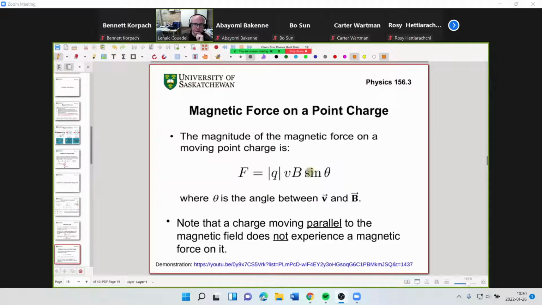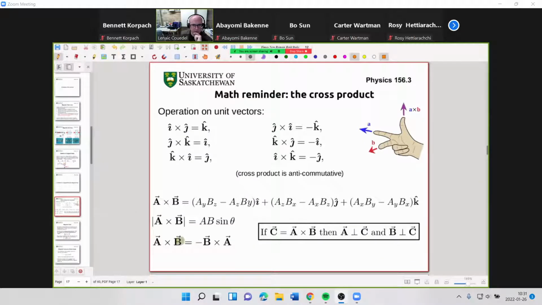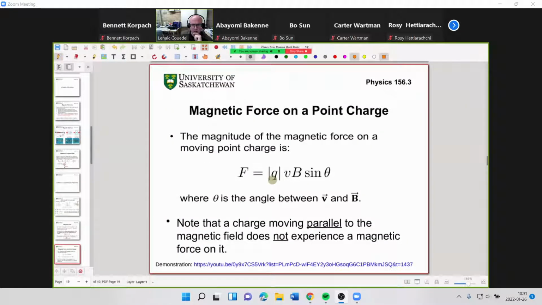So now if you just want to calculate the magnitude of the magnetic force on a moving point charge, then you have to obviously apply this formula, and that will give you the magnitude of the charge, so you don't care about the sign, times the magnitude of the velocity, times the magnitude of the magnetic field, times the sine of the angle between the magnetic field vector and the velocity vector.